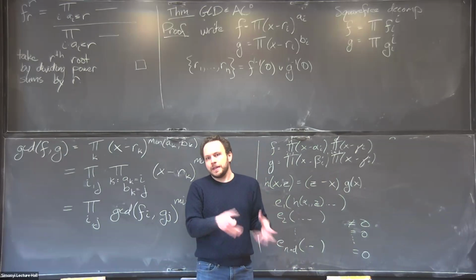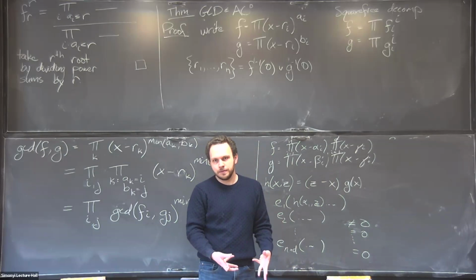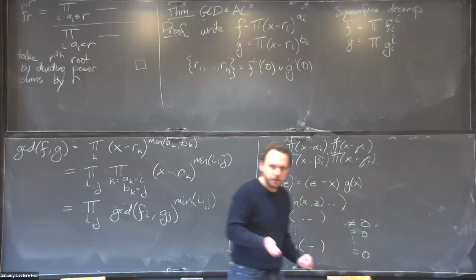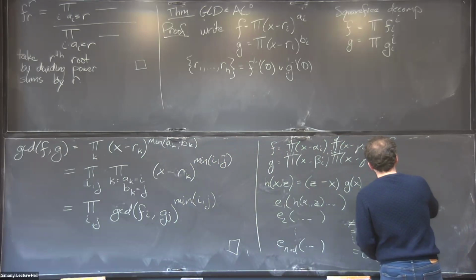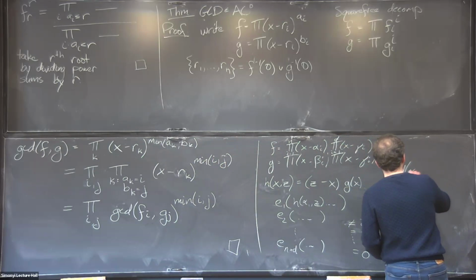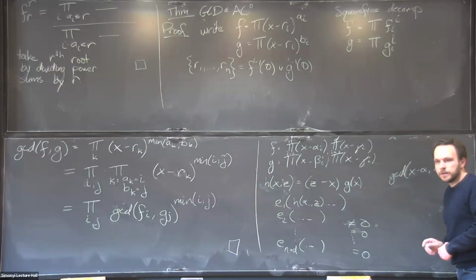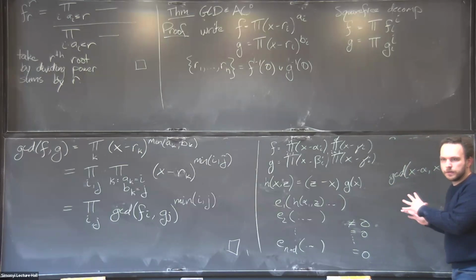Formally, algebraic circuits, they don't implement this instruction. But something like this is necessary. Let me just show you maybe one example why. If you think about the GCD just of 2 degree 1 polynomials, this is a very discontinuous function, right?